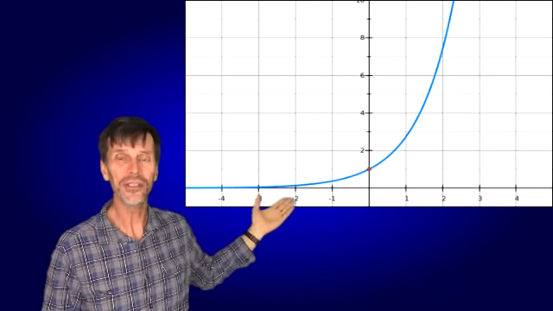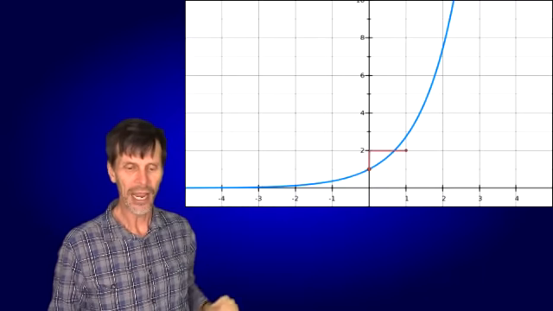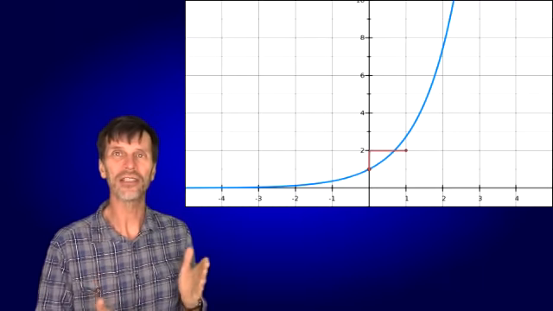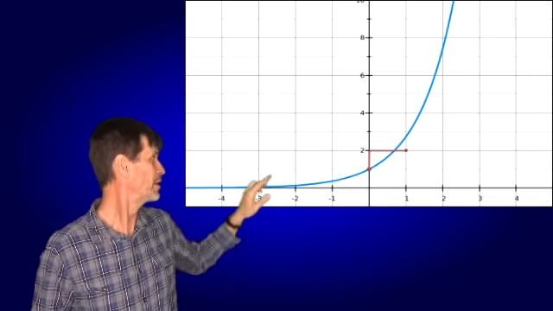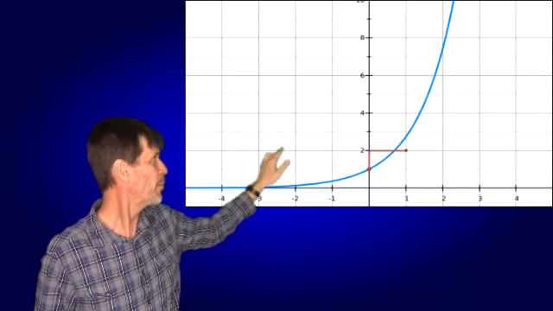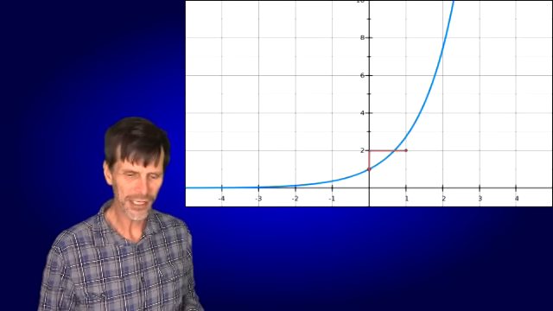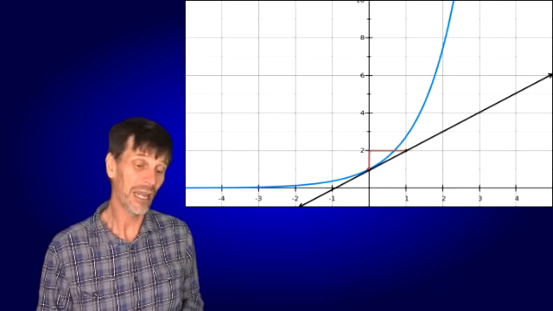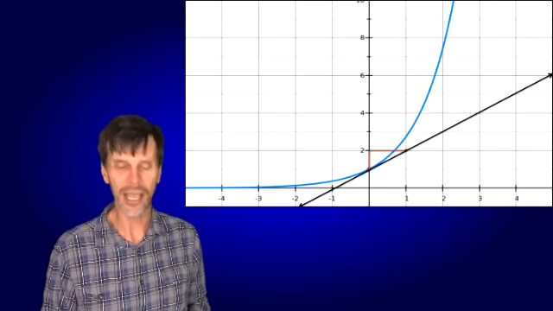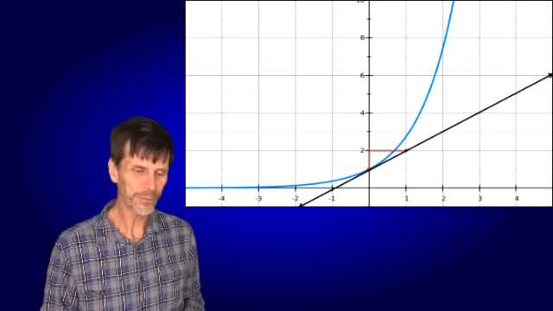I know that the slope is 1, so I go up 1, I go over 1, and that's where I plot the second point that's going to allow me to graph the tangent line quickly and cleanly. So 0, 1 is where I started, up 1, over 1, see that second red dot? Connect those two dots now with a straight line, and we have the tangent line at x equal to 0.